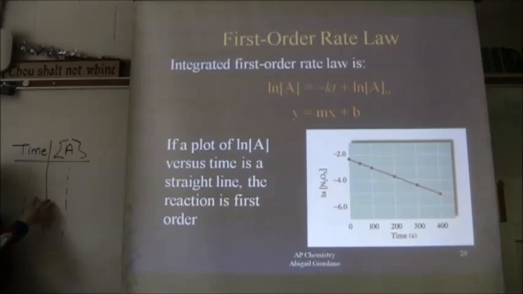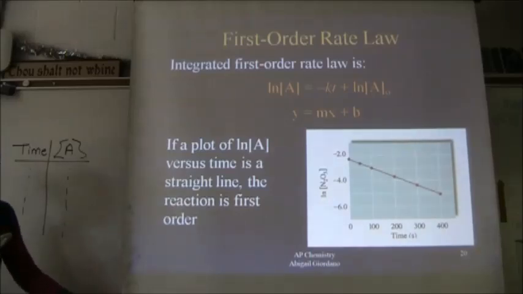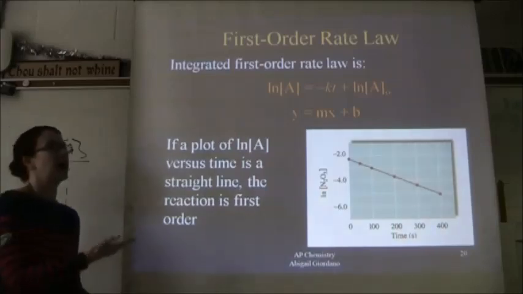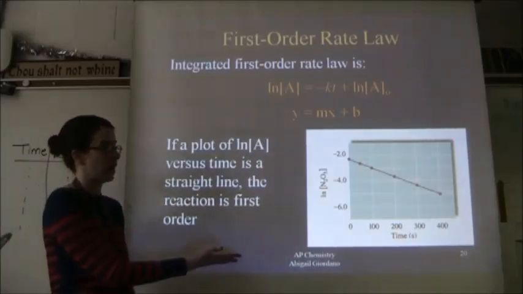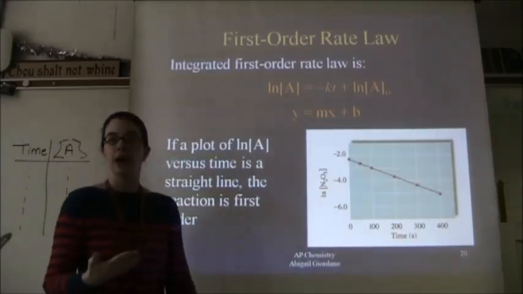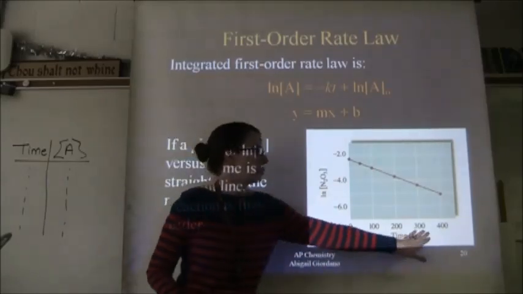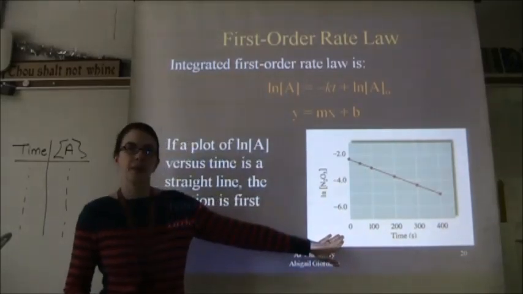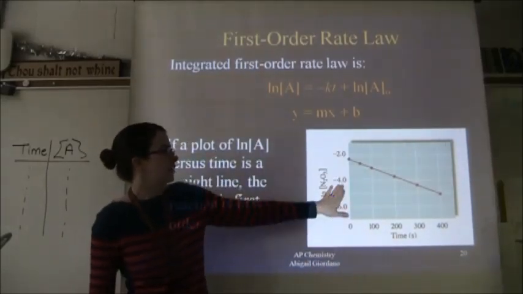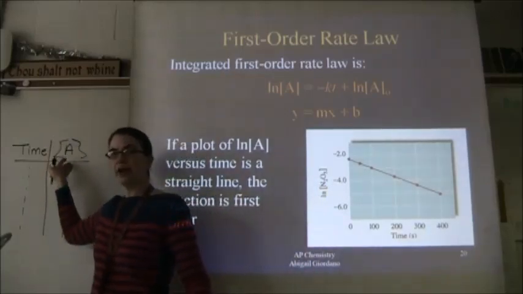Given data like this, is this data first order data? Yes or no? Prove your answer. How you might prove it is by graphing it. Now, what are you going to graph? Well, you're going to put time on the x, but notice it's not just molarity on the y.